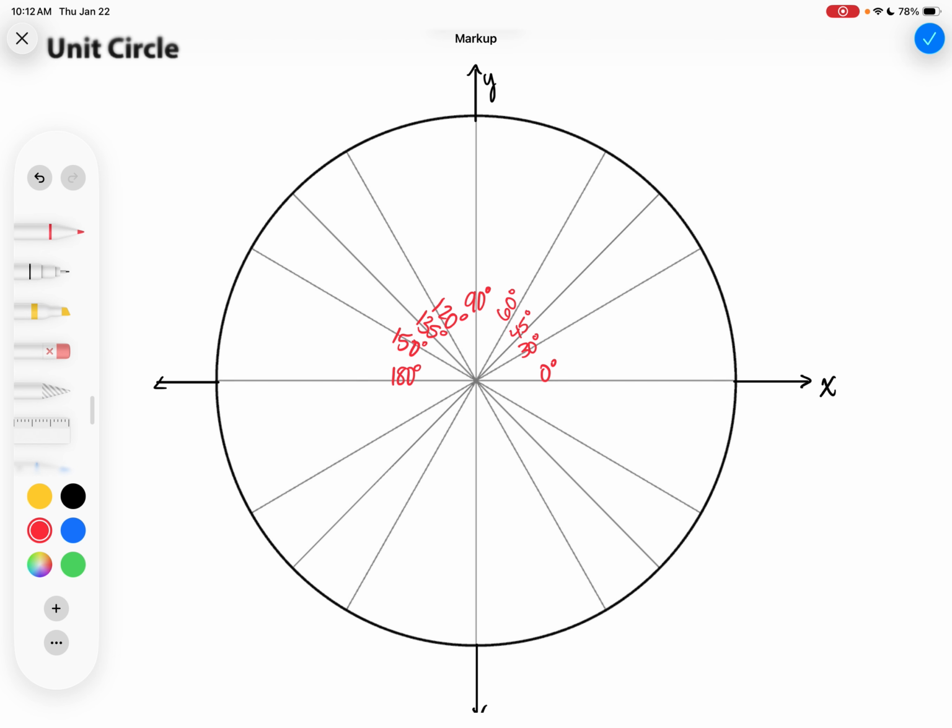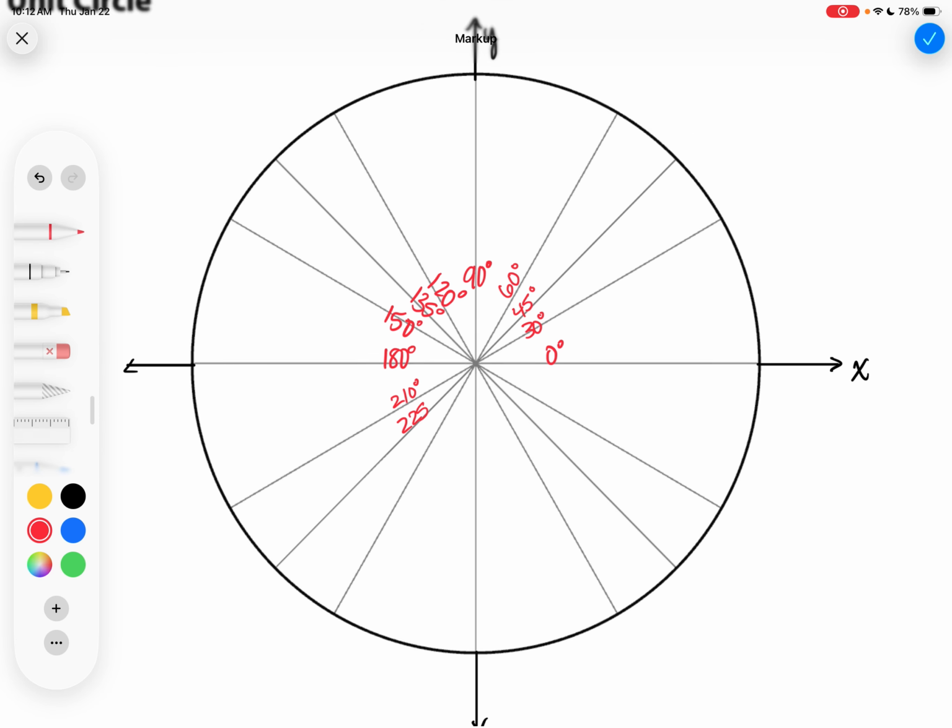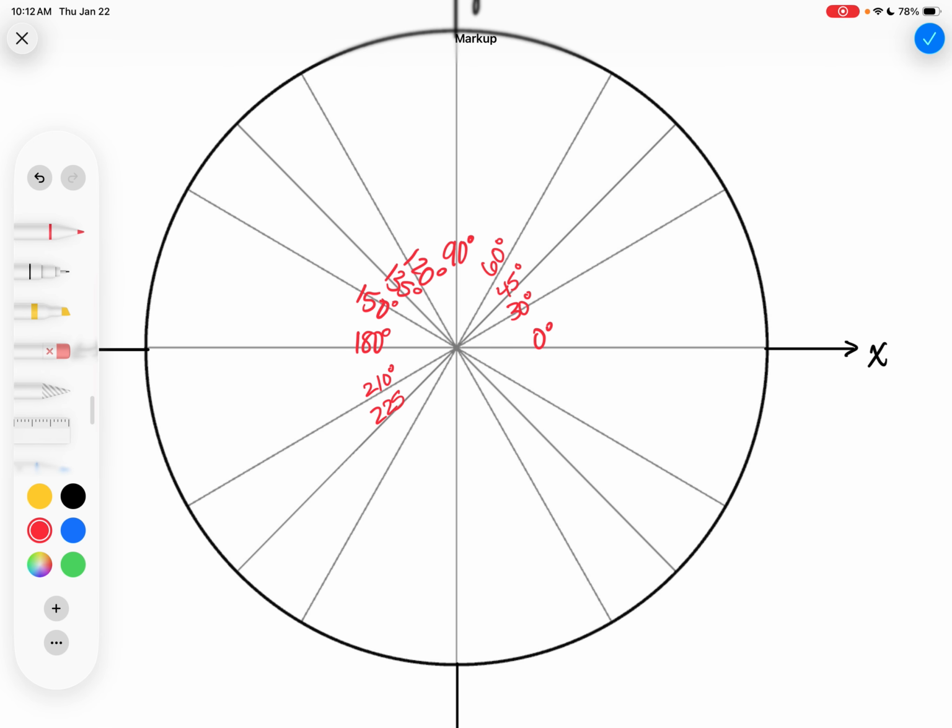So then I keep going down here, 210. The next one, add 15, so that's 225. Then we keep going, another 15 is 240. Opposite of 90 is 270.